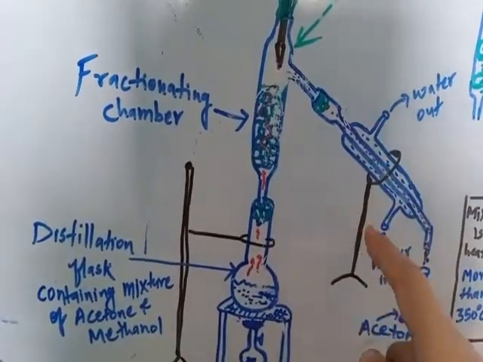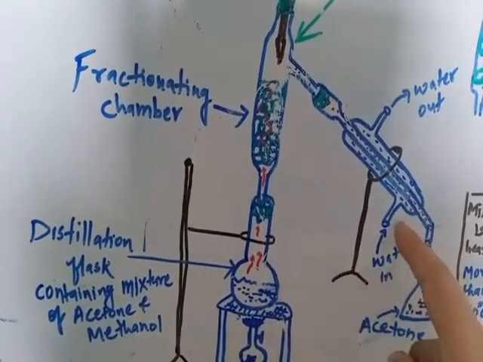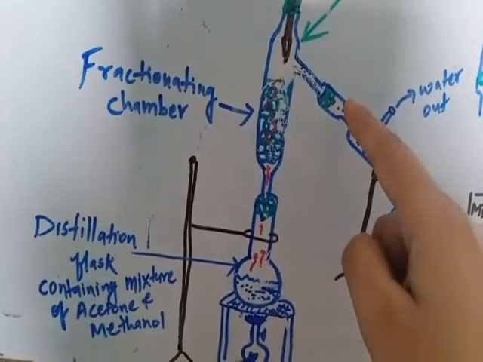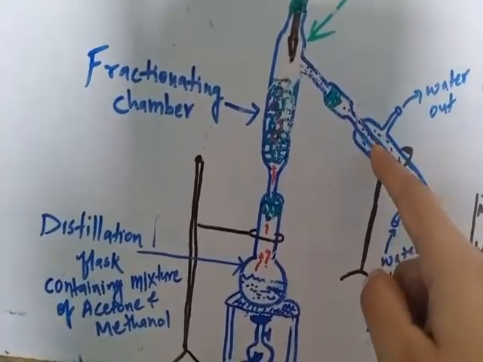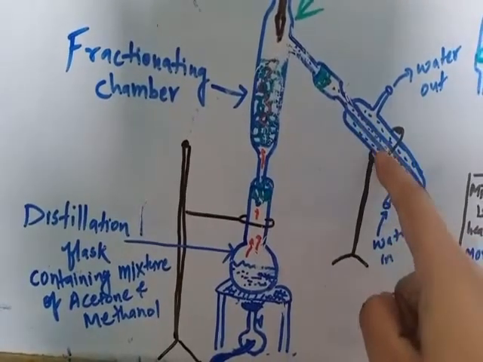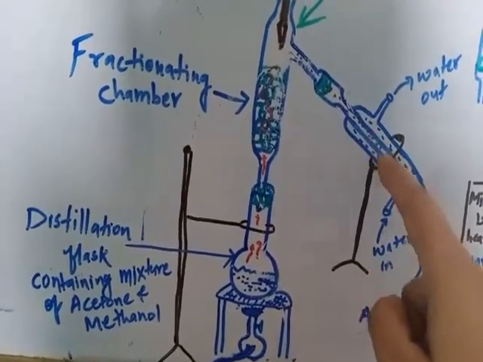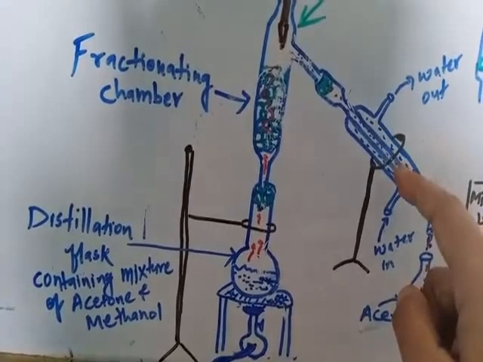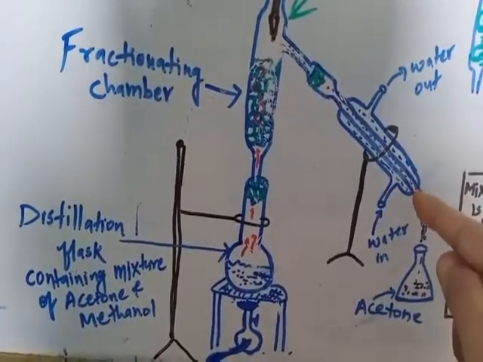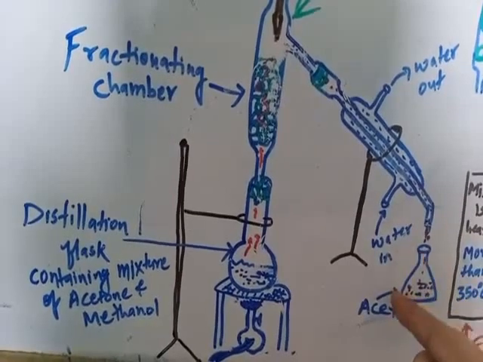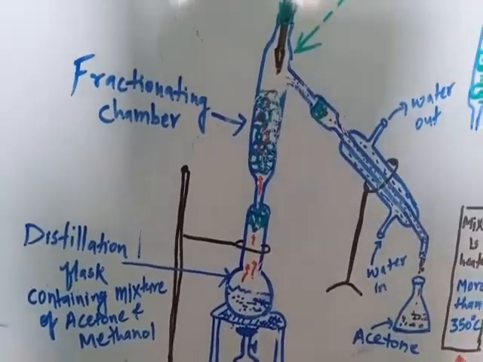In the condenser chamber, where a continuous supply of water is provided, whatever hot vapors of acetone enter into this inner tube of the condenser, they get cooled down, condensed, converted into liquid state, and can be collected in a beaker.